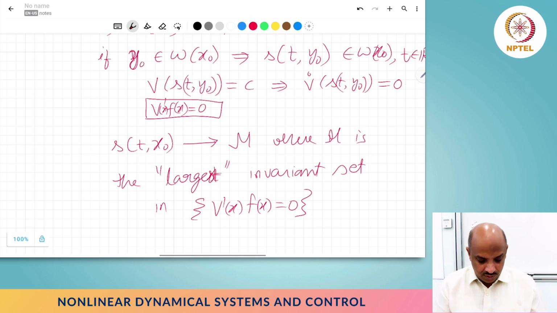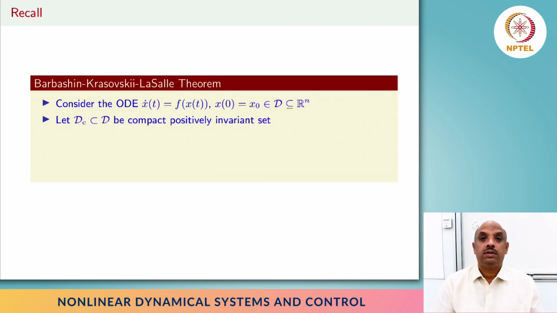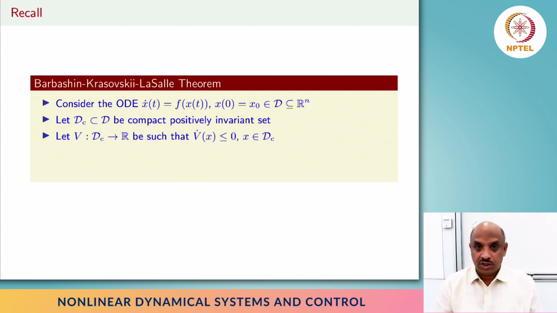So essentially, the LaSalle invariance theorem will say this formally, right? So we're going to consider this ODE x dot equals f of x, and the theorem is slightly more general than what I just showed, and we will discuss that in a second. So let D_c be some compact positively invariant set, and then V is some function that satisfies V dot less than or equal to 0.